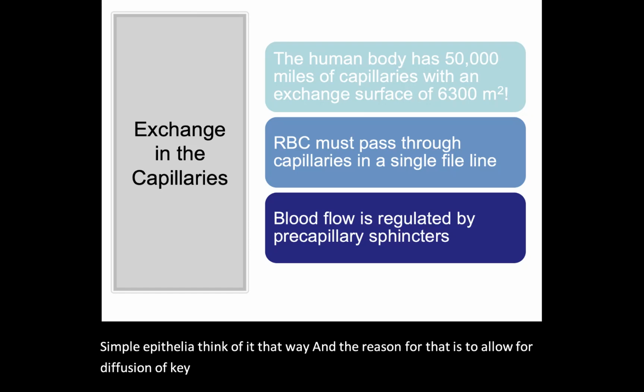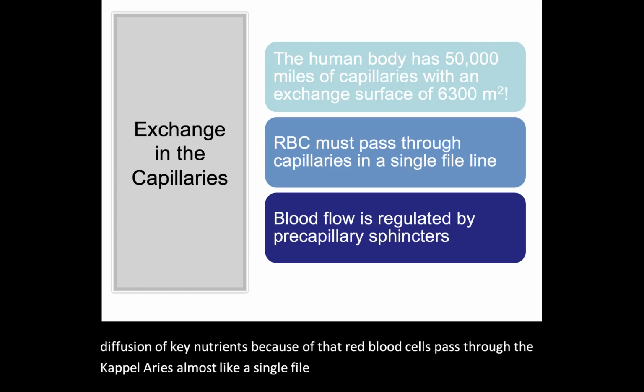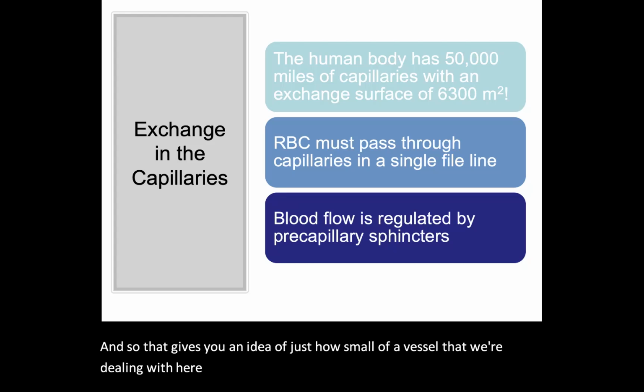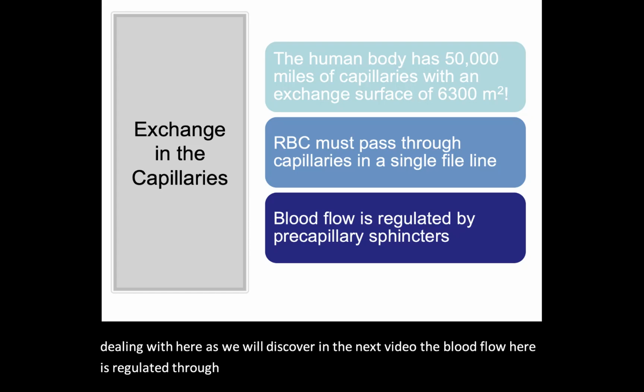And because of that, red blood cells pass through the capillaries almost like a single file line, one behind the next. And so that gives you an idea of just how small of a vessel we are dealing with here. And as we will discover in the next video, the blood flow here is regulated through precapillary sphincters.